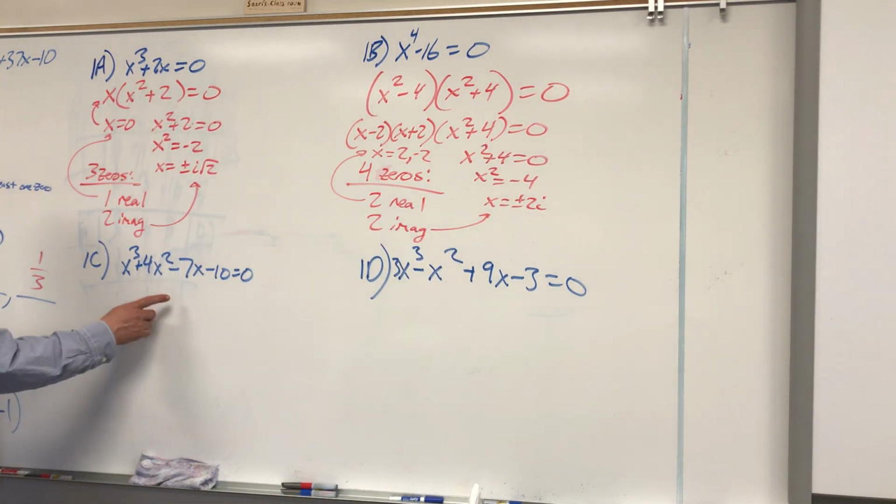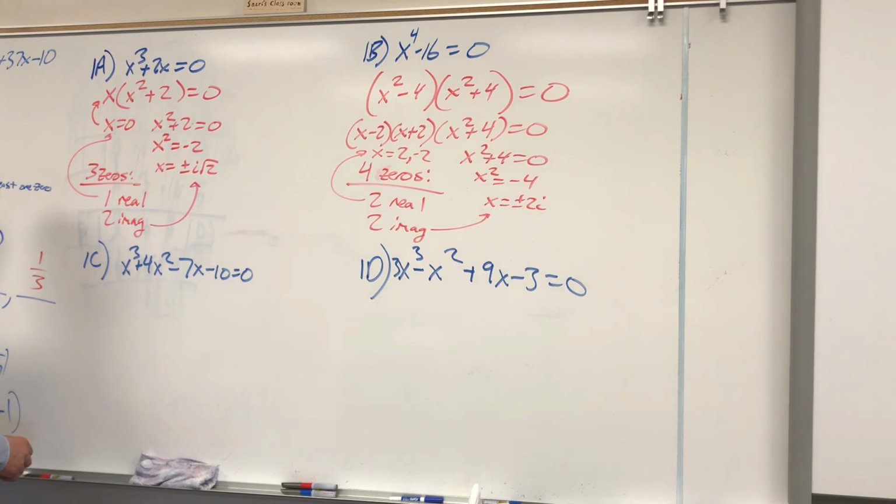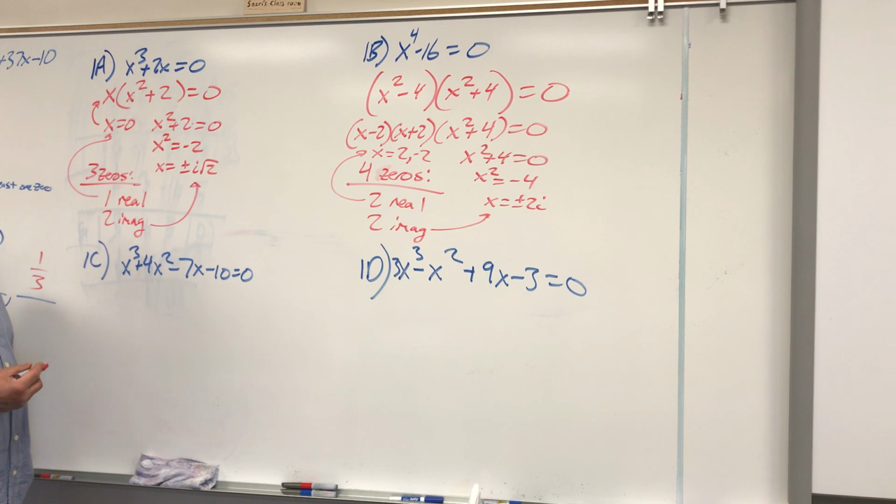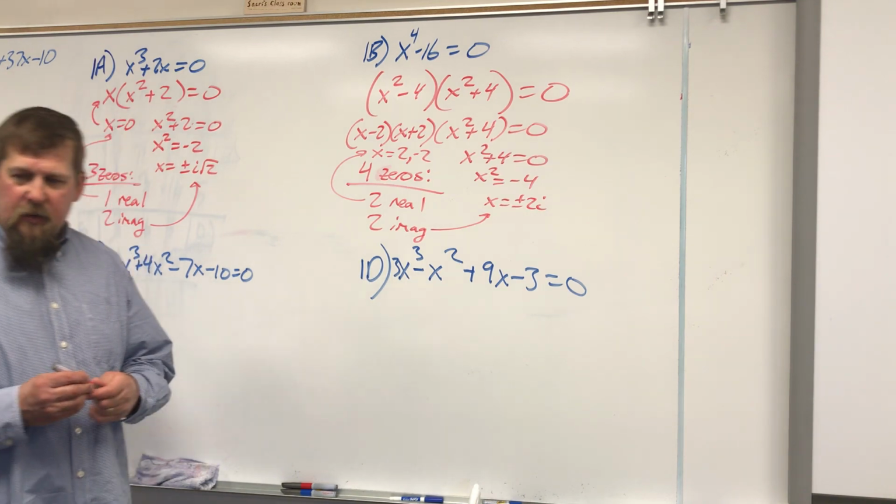Okay, so let's try this one. Let's look at factoring by grouping. This does not factor by grouping. Okay, so maybe I'm going to use the calculator on this one.